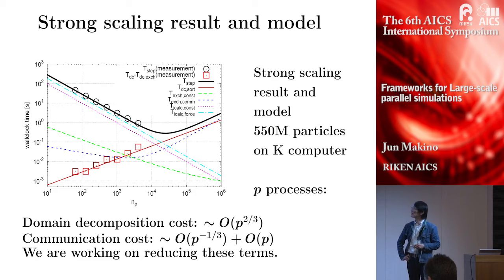And here is the number of MPI processes, I believe, and this one is the wall-clock time per one time step, and these white circles are measured values. So the strong scaling result is fairly good, very good for up to several thousand nodes. And after that, the time for the domain decomposition is shown in the red one here, and the communication cost becomes visible.